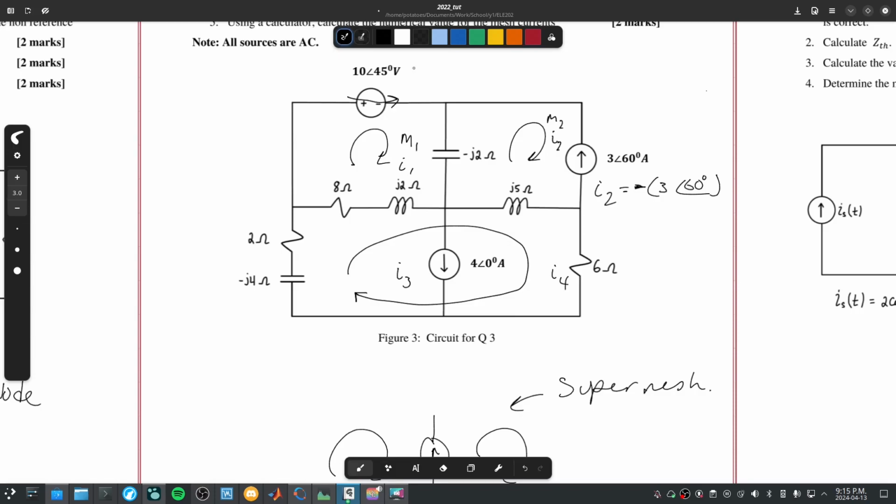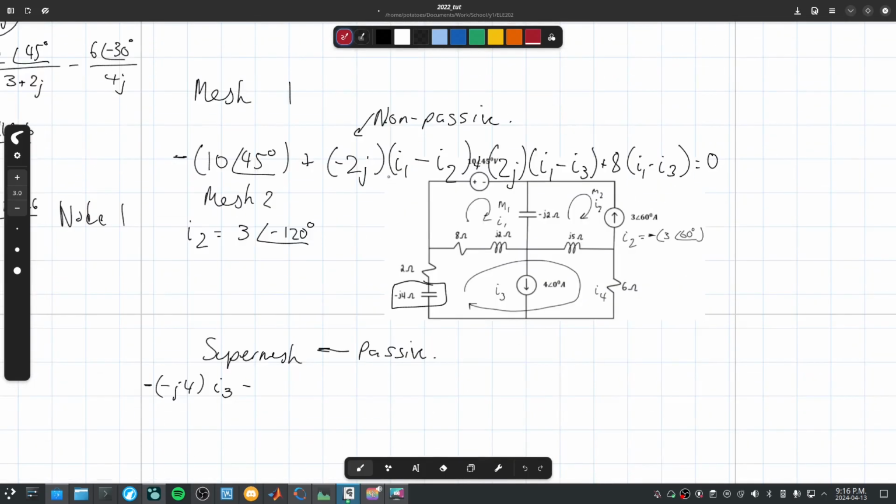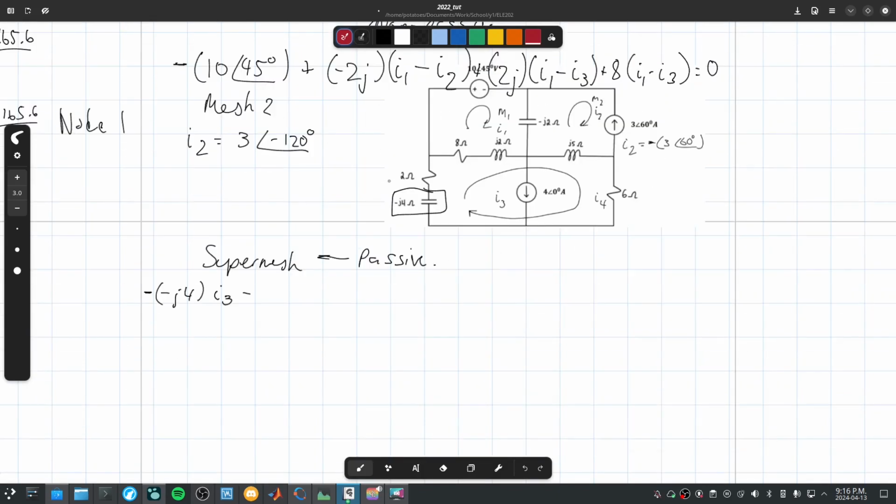Non-passive just means you are working backwards from the voltage. Usually we go down here and the voltage is like 10 and then slowly it decreases down to 0, right? But when we work in the opposite direction, the voltage increases. So this would be 0, this would be 2, this would be 5, this would be 10. So we do the opposite way around, and when we do it the opposite way around, we have to flip our signs. That's it. But if there's no voltage source at all, it doesn't matter. You can also do this in non-passive mode. You'll get the exact same answer.